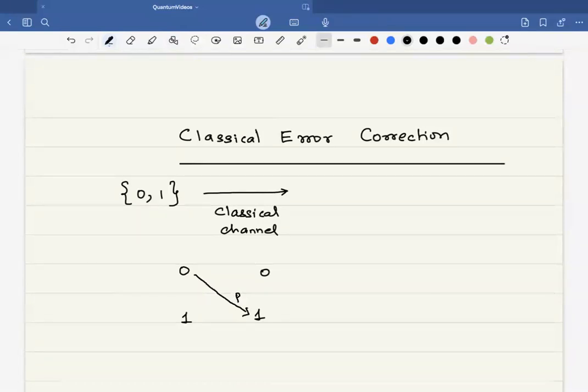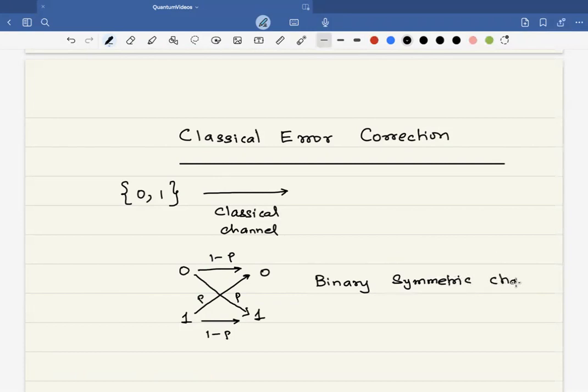Similarly, a 1 being transmitted has a probability P of going to 0. And there is a probability 1 minus P of the bit being unaffected. This is called a binary symmetric channel. So this is the model of the classical channel.